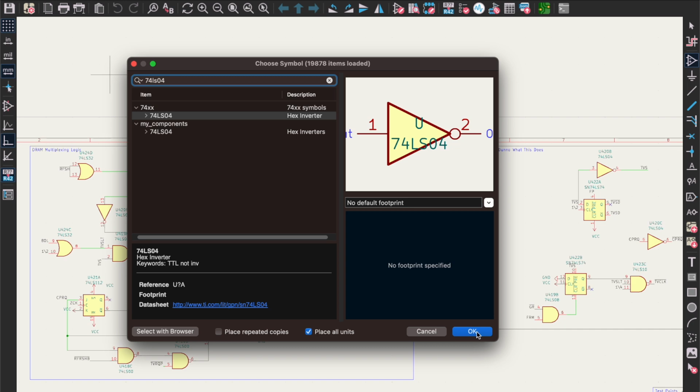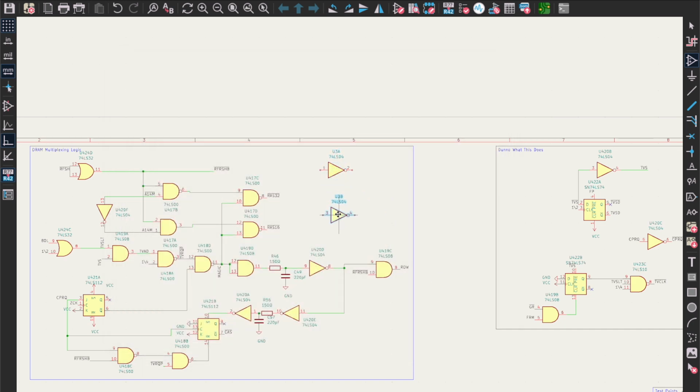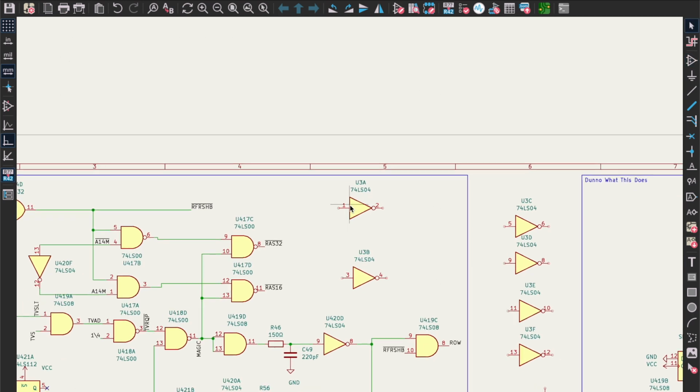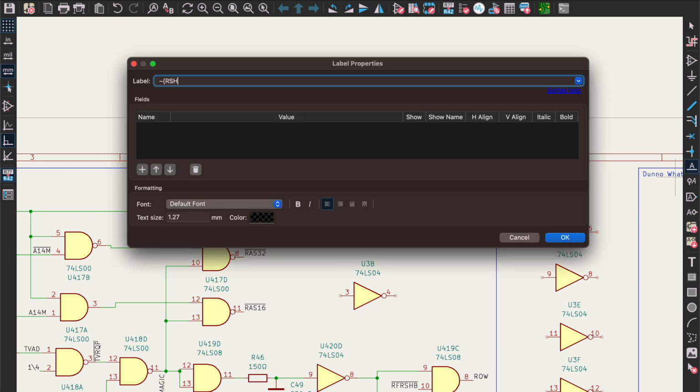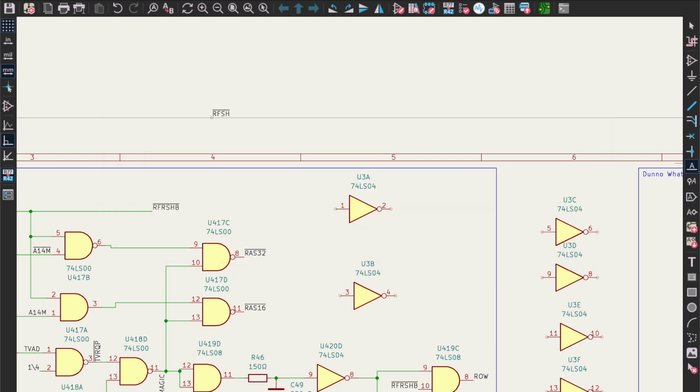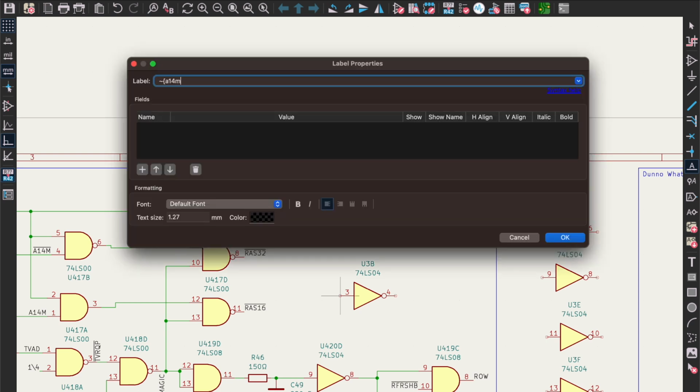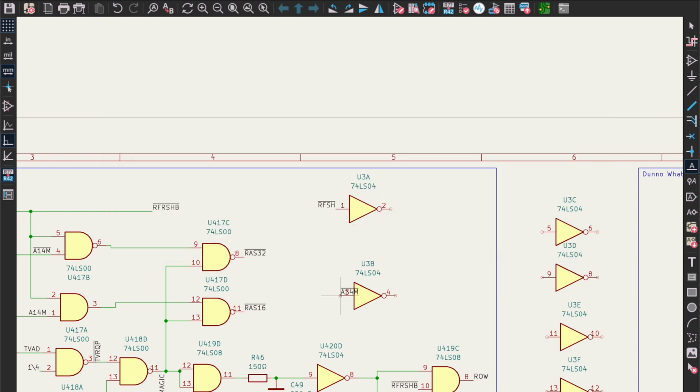Okay, so 4, inverter, and then put the rest over here. So it looks like what we want to do is this will be refresh, so refresh going into there, and the other one will be A14M. So that'll be A14 there.